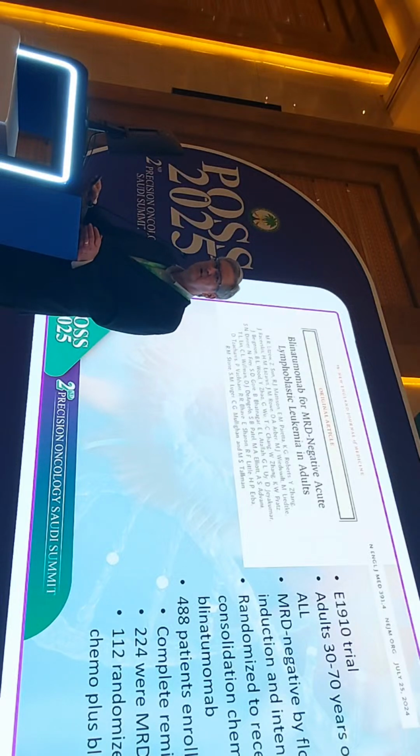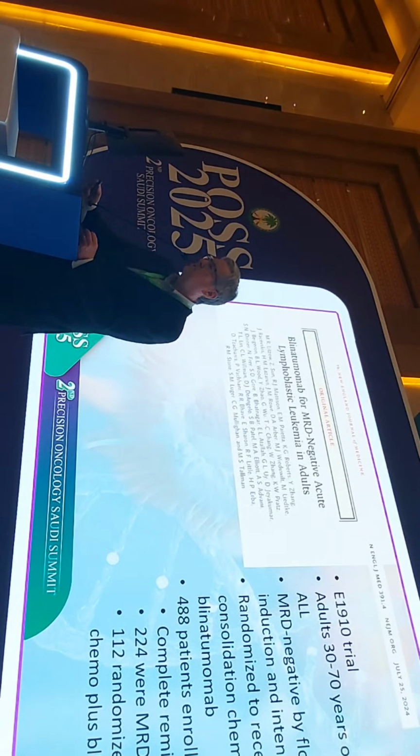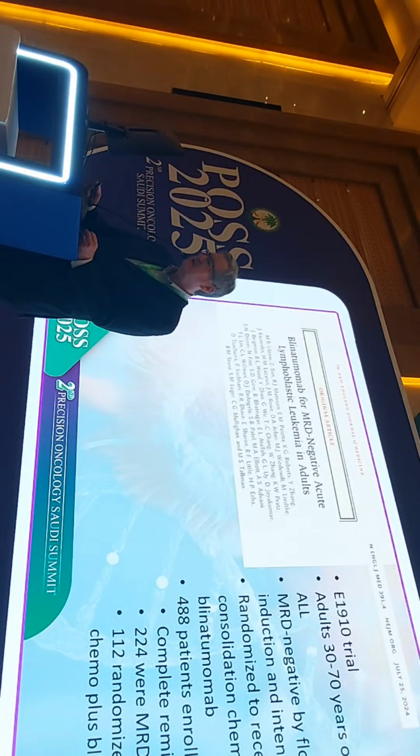They looked at those who were MRD negative after an induction consolidation course of chemotherapy and randomized them to receive either the standard arm, 4 cycles of chemotherapy and maintenance, or an investigational arm that had 4 cycles of blinatumomab. So overall, 488 patients entered the study. Complete remission was achieved in 80%, and 224 were MRD negative, able to be randomized, 112 to each arm.